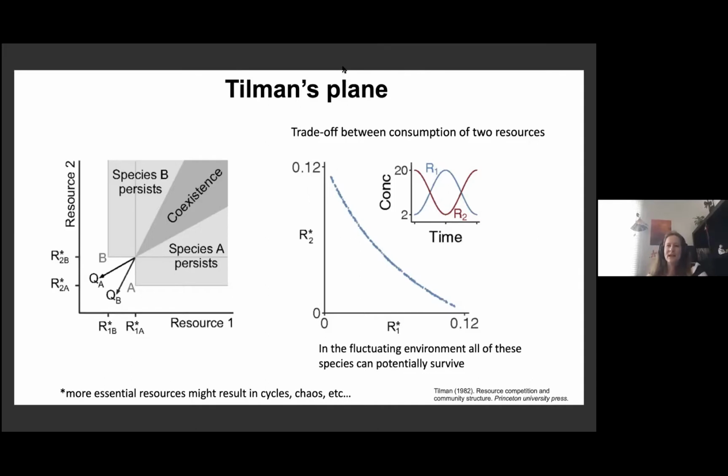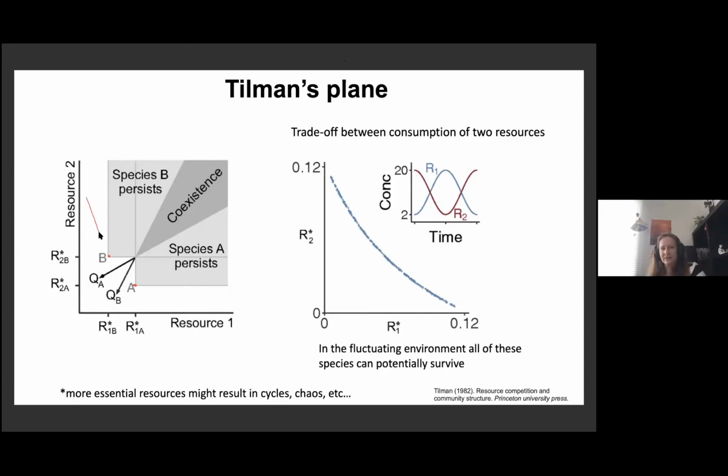And then you can have this whole zoo of angles here. This is the most extreme point where each of those microbes can survive.